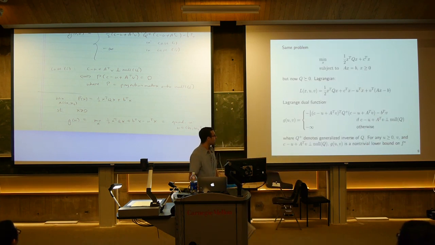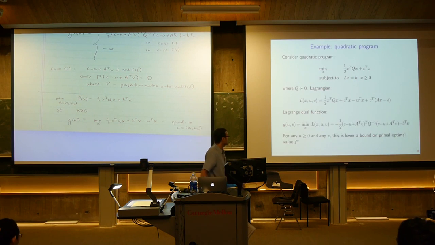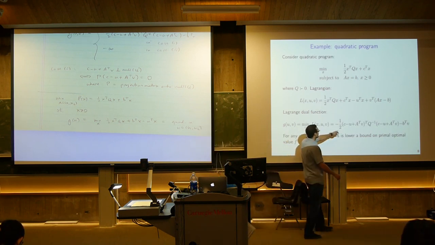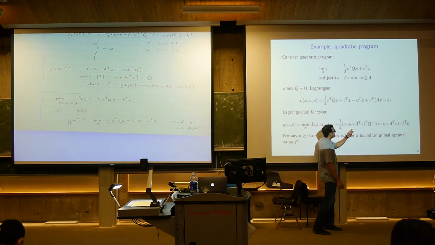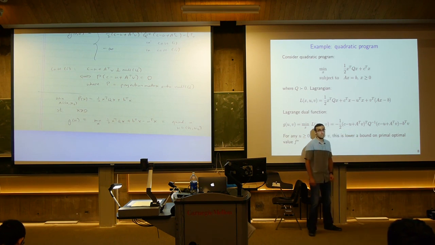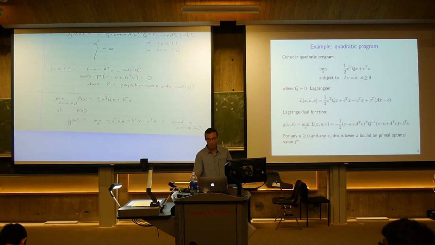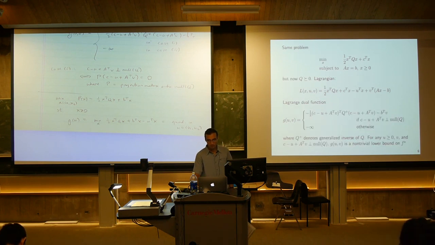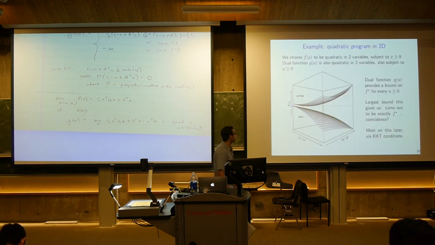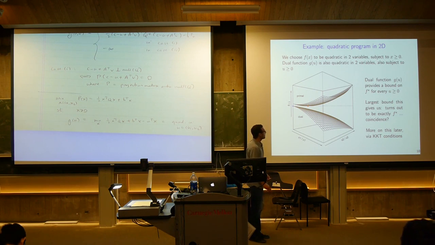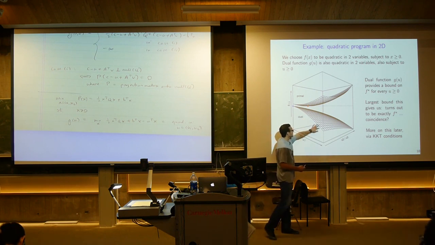The dual, as we can see from all these examples, and you can tell from working this out, is going to be a concave quadratic, because I have something like minus the dual variables transpose a positive semi-definite or positive definite matrix, transpose a bunch of stuff. So it's a concave quadratic. And here's what it looks like as a function of its variables.